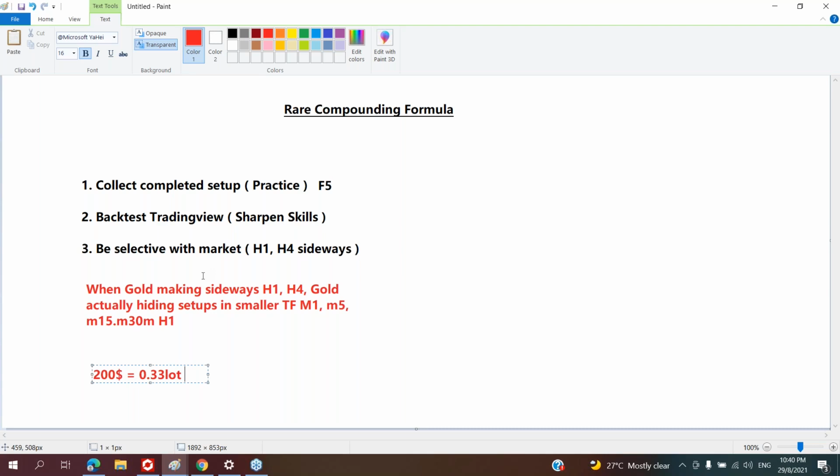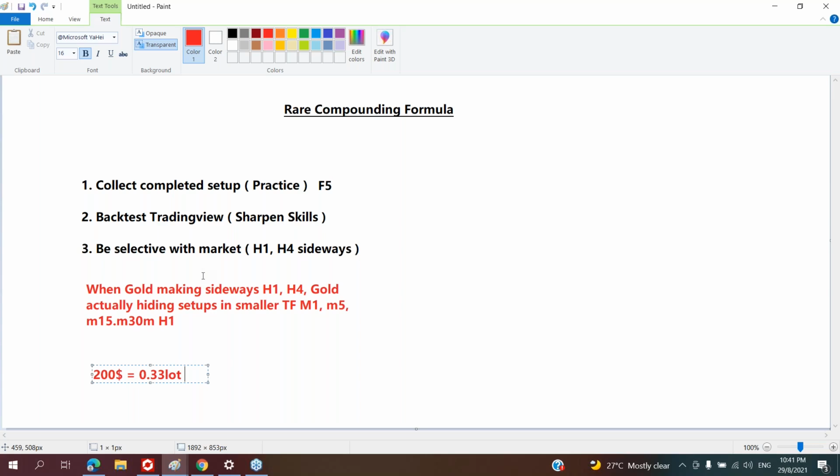I don't know what type of compounding you're going to start with. For example, the ultimate goal is to convert 200 to 50,000 after 1 year. With rare compounding, you don't need 1 year to grow from 200 to 50,000. It just needs maybe 1 week, 2 weeks, maybe within a month.